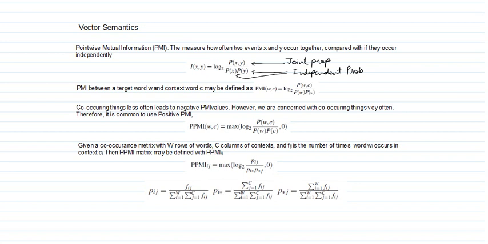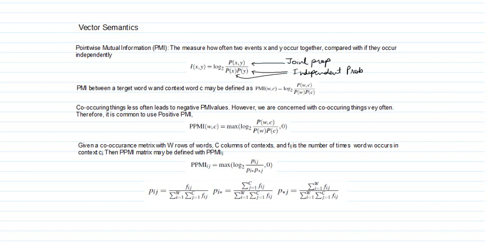So in this way we can calculate PMI values with the help of the frequency or the co-occurrence matrix that we generated earlier. So the PPMI i j is the positive pointwise mutual information of P i j divided by P i star P star j, comma 0. So what is P i j, P i star and P star j?